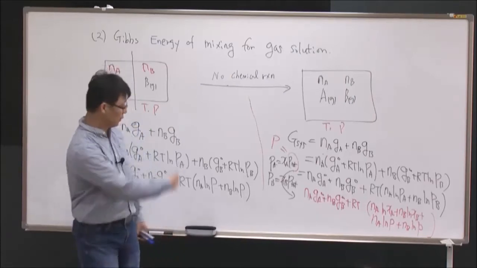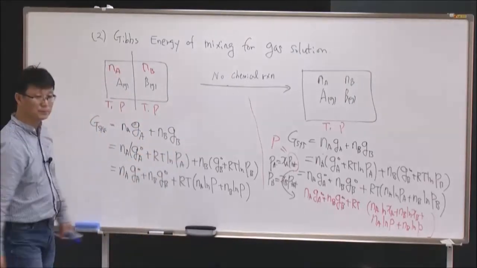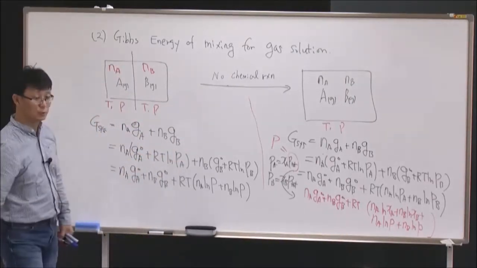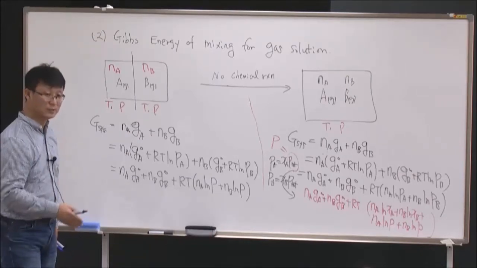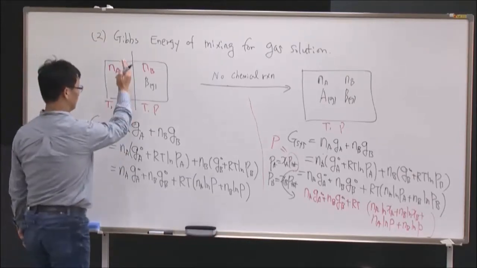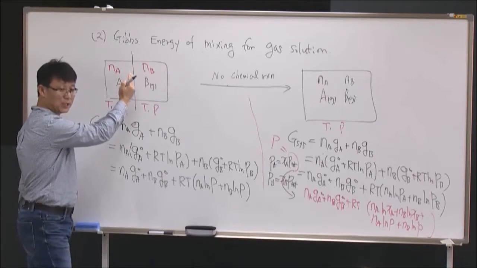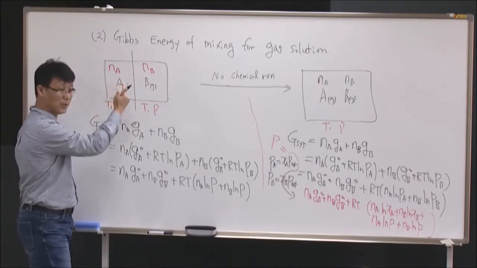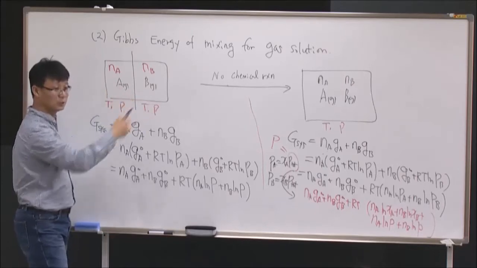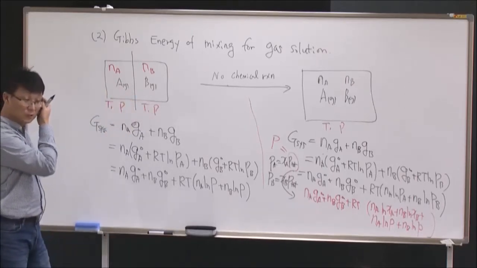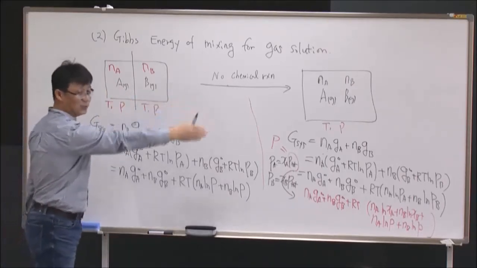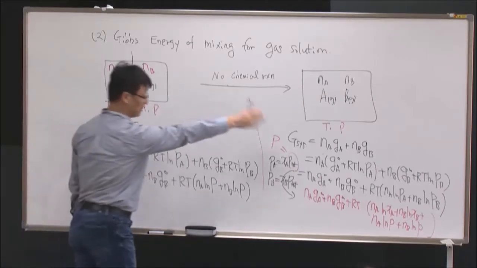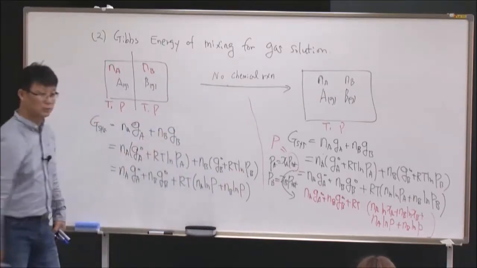Okay. Now let's look at the two sides, left side and right side. We just did only one action for this process. We had separate gas phases in the beginning, we just removed the barrier and allowed them to mix together. So initial state, final state. Unmixed state, mixed state. And you look at the Gibbs energy difference.